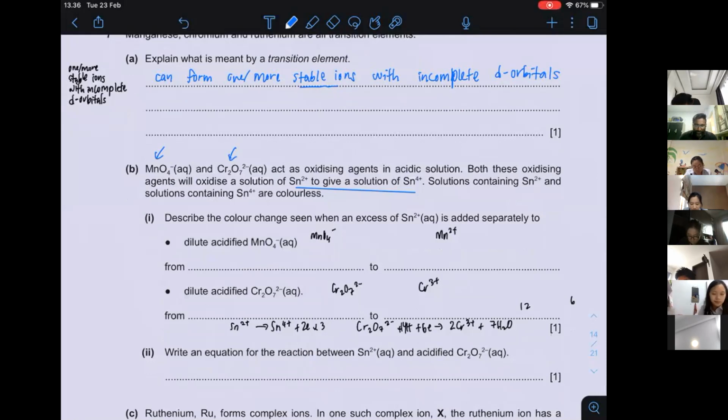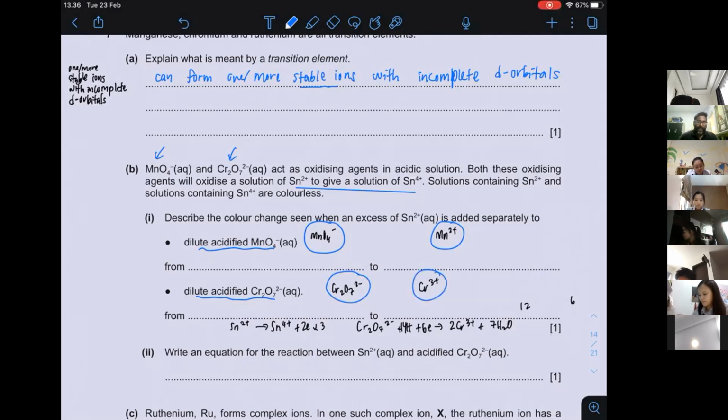Now we need to describe the changes that we see when Sn2+ is added separately, first with dilute acidified MnO4-, and then dilute acidified Cr2O7 2-. It's an oxidation reaction. MnO4- changes into Mn2+, and Cr2O7 2-, the dichromate, changes into Cr3+.